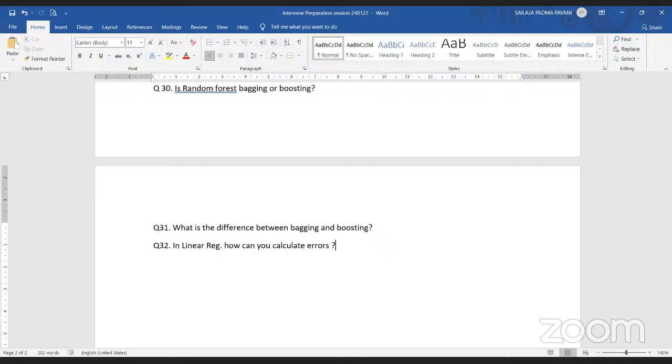That gives you the error value. Then you take the mean square, MSE, which gives you the calculation of the error. So you calculate the errors in linear regression using MSE, mean square error.